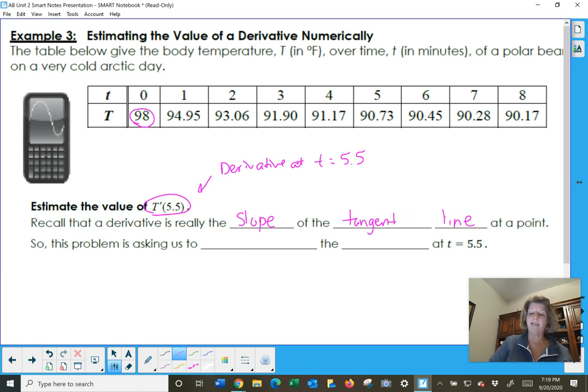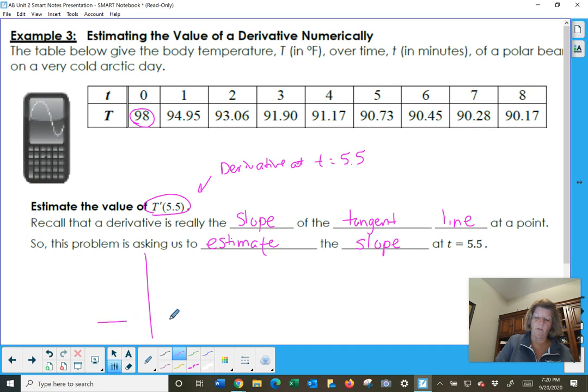So this problem is asking us to find the slope at 5.5. And I'm going to take out the word find, and let's use the word estimate, because that's the best we're going to be able to do on this problem. It's asking us to estimate the slope at 5.5.